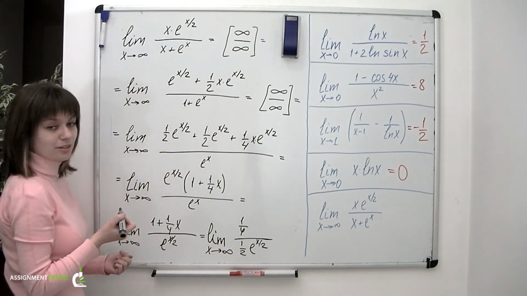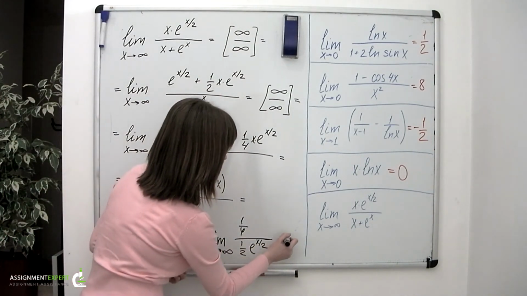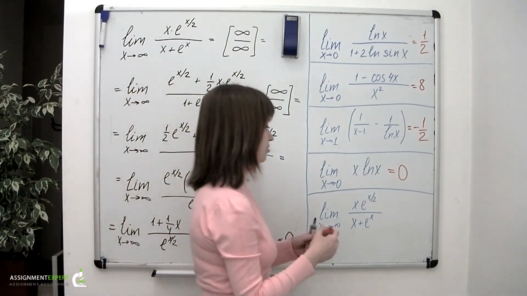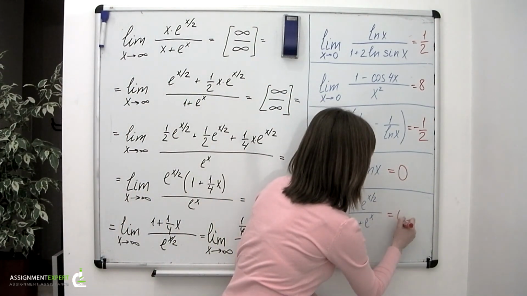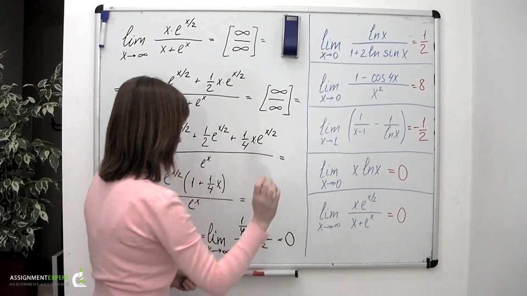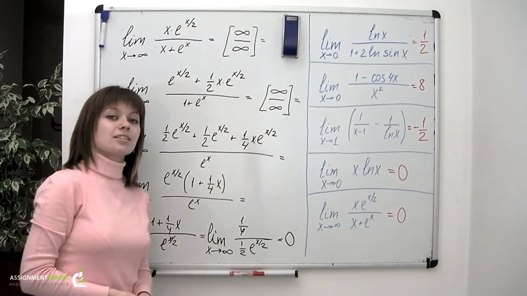And this limit is obviously equal to 0. And that's our final answer. So the final limit is equal to 0. And that's how that's done.